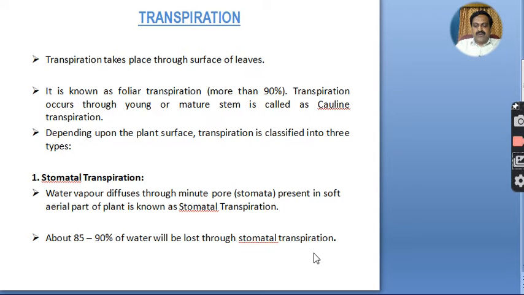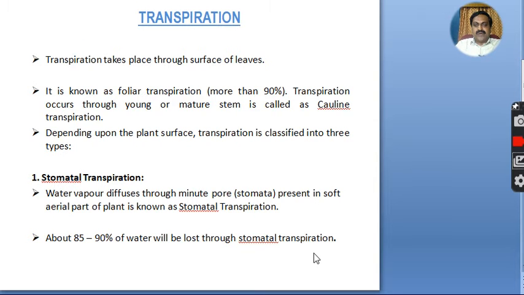It is said that only 2 to 3% is utilized for various metabolic activities, for growth, development, germination, etc. The remaining 97% of the water is excess for the plant body. If that water is retained in the plant body, definitely the plant will undergo a process of decay.